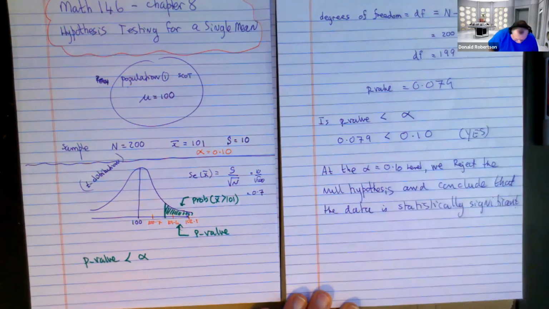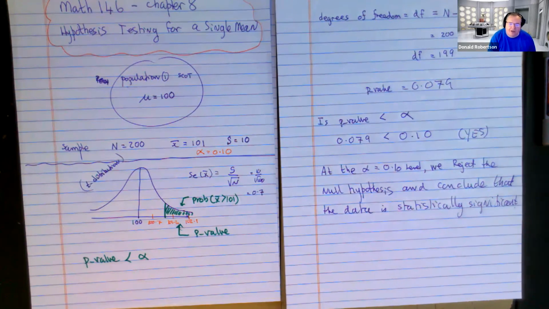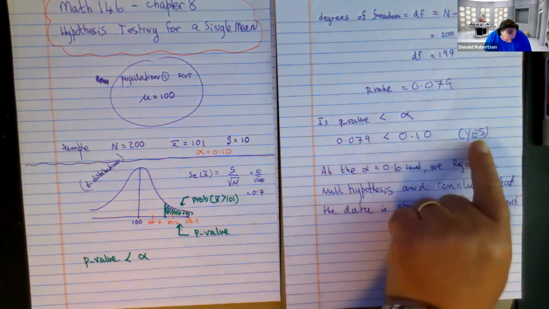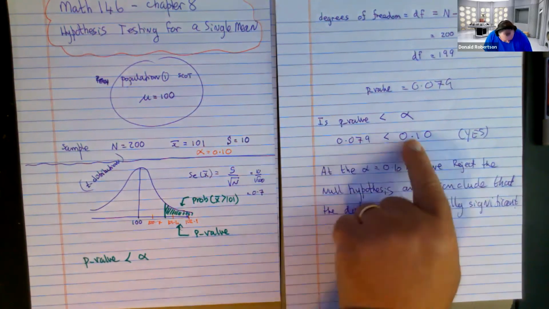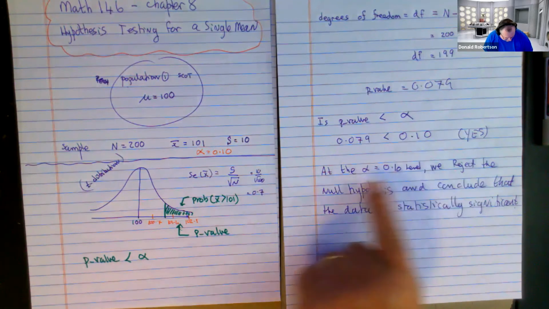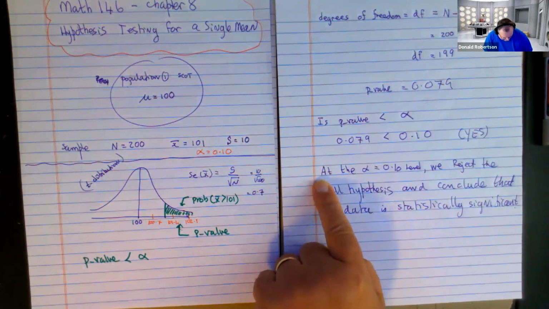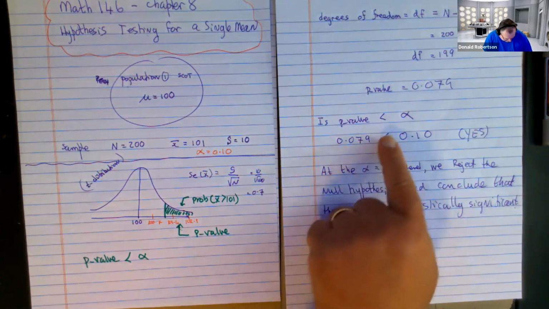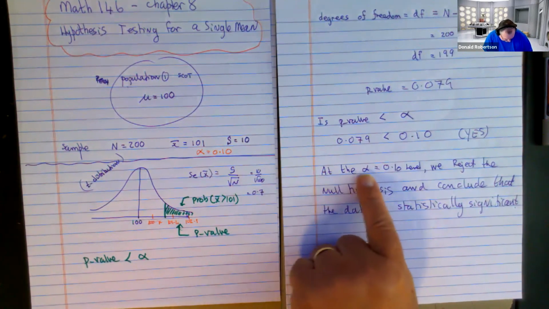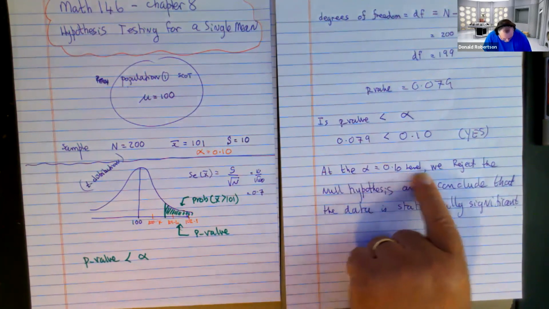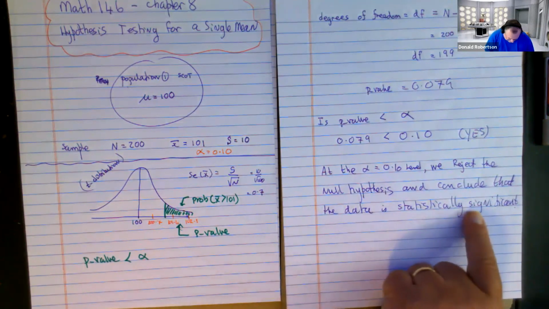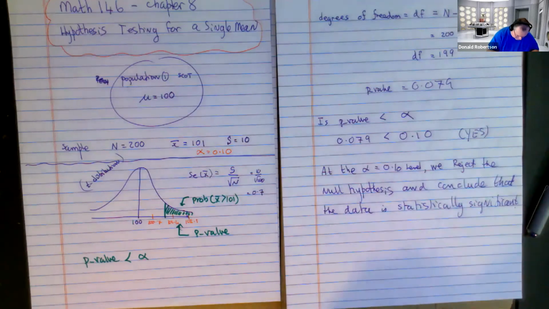So that's going to be your go-to sentence when you've found your p-value, you've done your test, and the answer is yes: this is less than that. When it is less, you've got the evidence you're looking for. They give you like 4 sentences, but this is the one that would represent the situation. So at the alpha equals 0.10 level, we reject the null hypothesis and conclude that the data is statistically significant.